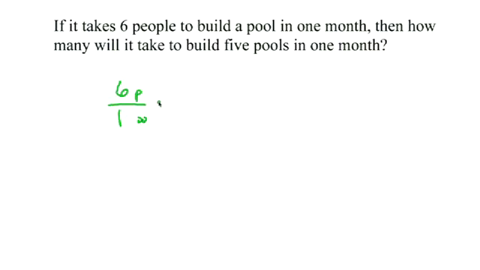And then on the right-hand side, since we don't know how many people, it'll take to build 5 pools in a month. And that's it. Again, ignore your little notes there, and this problem is now finished. Right, and again, in the next chapter, we'll go ahead and talk about how to solve these in chapter 10.